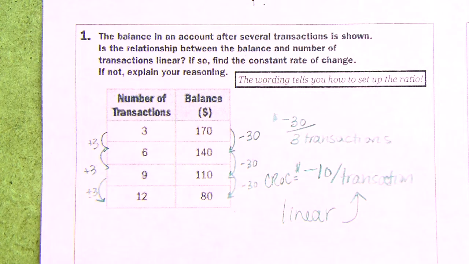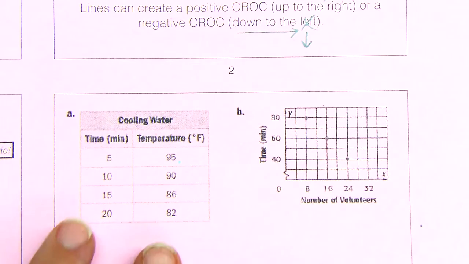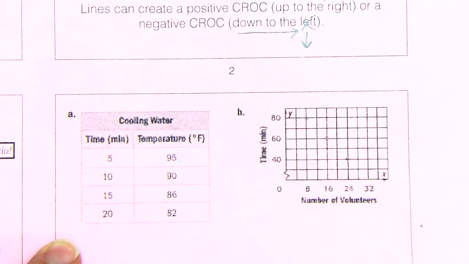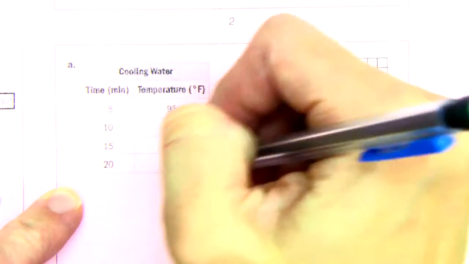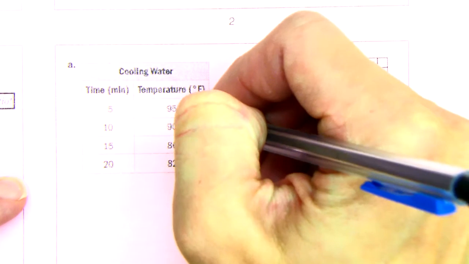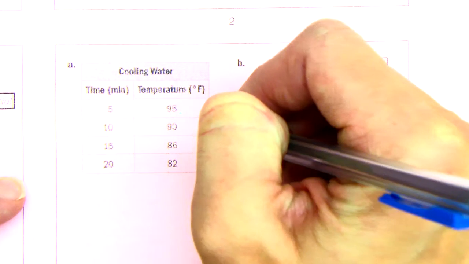Okay, let's try another one. We have two examples on the next slide. We have an example in A, again, of a table or a chart. So the change in Y, that's always the second one or the bottom one. Right here, let's see, it's going down 5, and then it goes down 4.